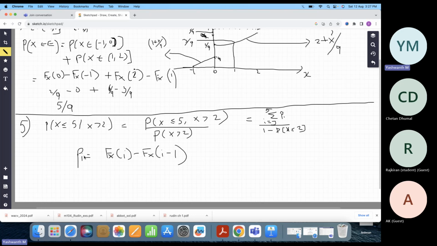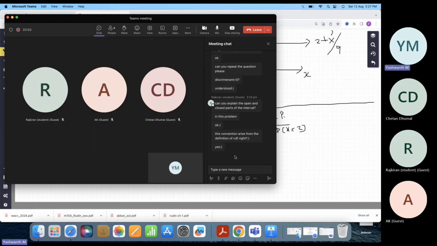And what is p_i? Because you are given the CDF, p_i you can compute as the difference between the CDF at i minus what has been accumulated so far up to i minus 1. That gives you the probability of i. I think this should be simple. Let me know if you have any questions even on this.